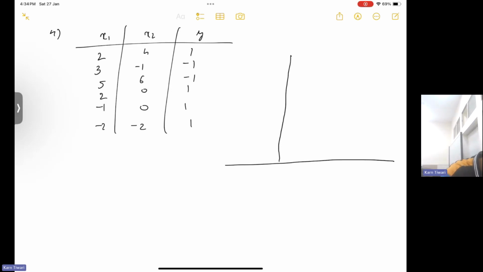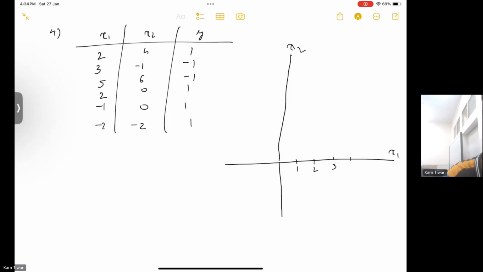So this represents x1, and this represents x2. X1 takes 1, 2, 3, 4, 5, minus 1, minus 2. And for x2, the highest value is 6, and the same minus 1, minus 2, 1, 2, 3, 4, 5, 6. Then the point 2, 4.